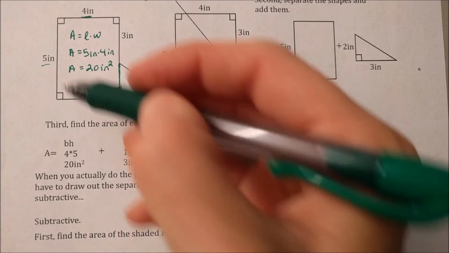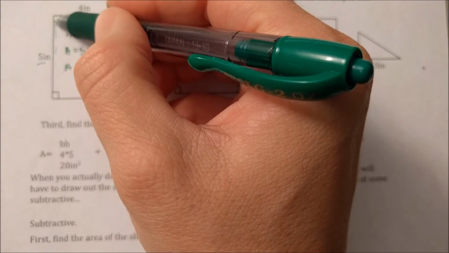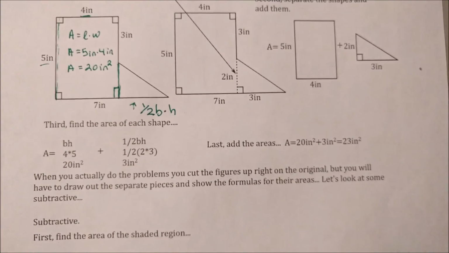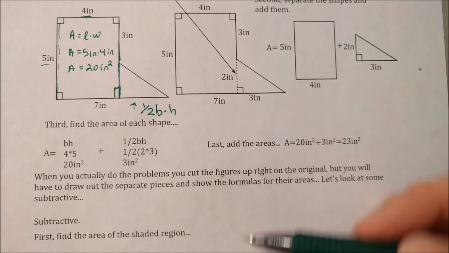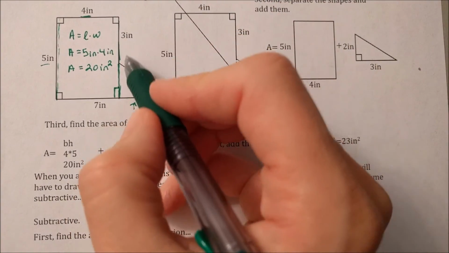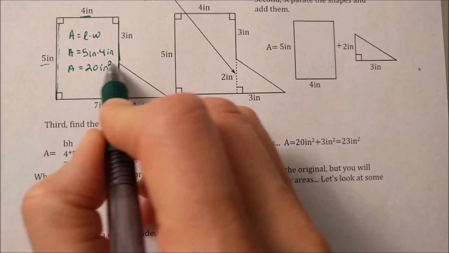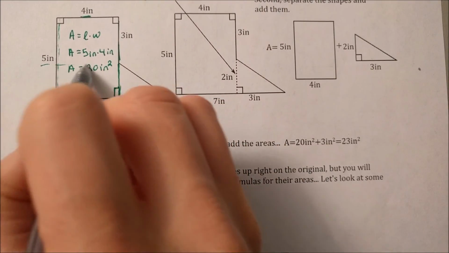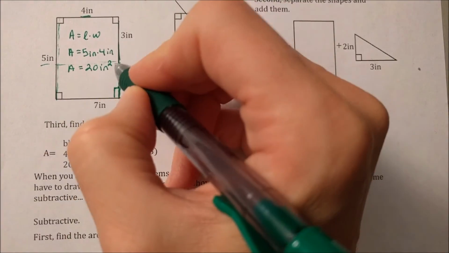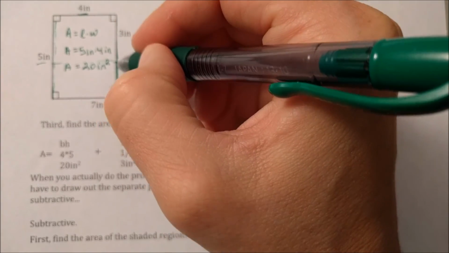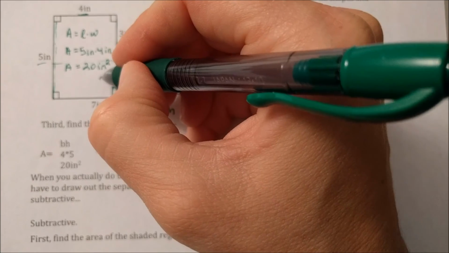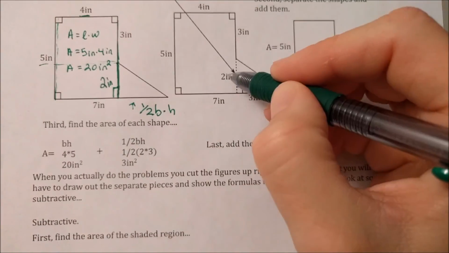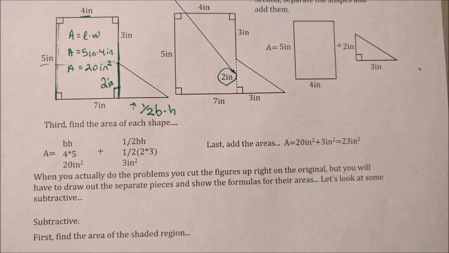If I've got 5 inches all the way for this whole distance, and I know that this distance is 3 inches, that's going to leave me with this space across here. If I make an imaginary line here, this space from here to here, this distance is going to be the difference between 5 and 3. So I'm going to have 2 inches for this space, which you can see here, right?